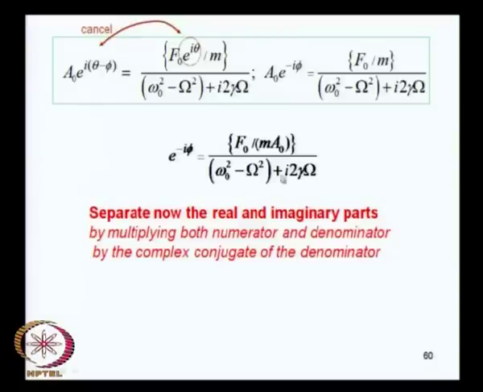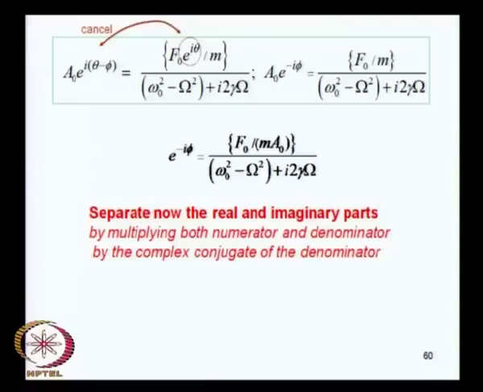So, this side also you have to separate into a real part and an imaginary part, but here you have got a complex number in the denominator. So, if you multiply this right hand side by the complex conjugate of this and divide it also by the complex conjugate of it, which is effectively multiplying the right hand side by unity, there is no problem there.